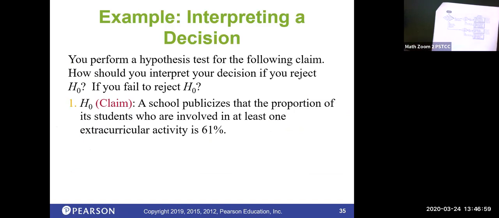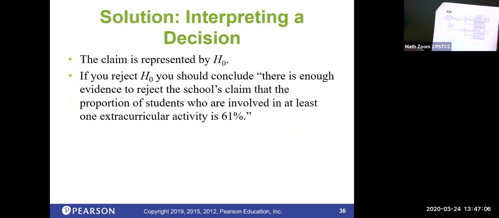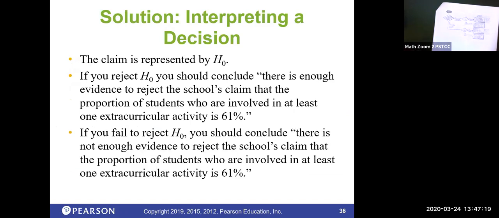So let's look at this example. We're back to the school. If we reject the null hypothesis, there's enough evidence to reject the school's claim that the proportion is 61%. If we fail to reject the null hypothesis, we can conclude there is not enough evidence to reject the school's claim that the proportion is 61%.